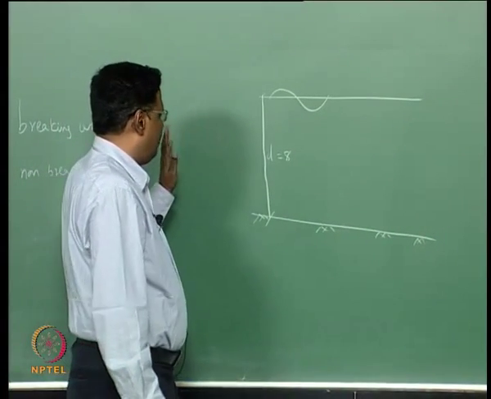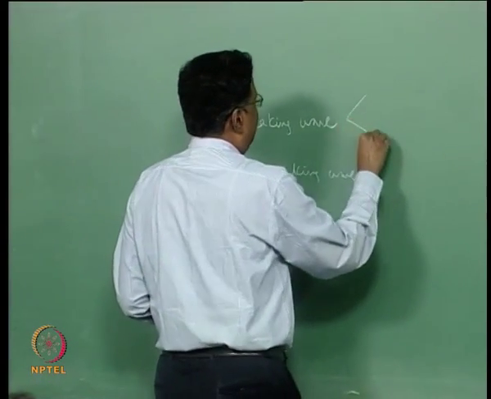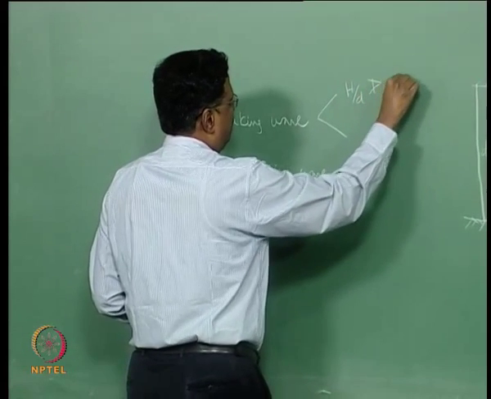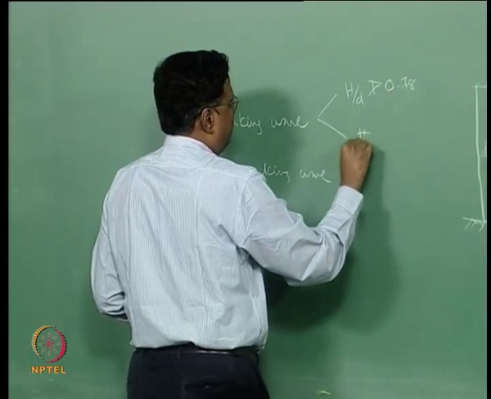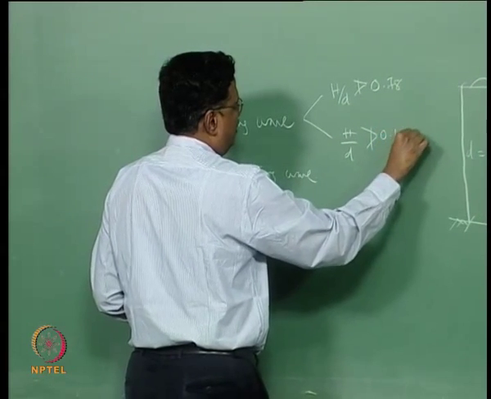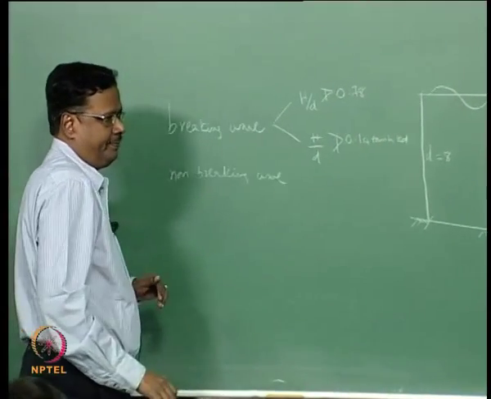There are two approaches for wave breaking: H by d should not be greater than 0.78, and H by d should not be greater than 0.14 tanh k d. So if it is greater then it will break.